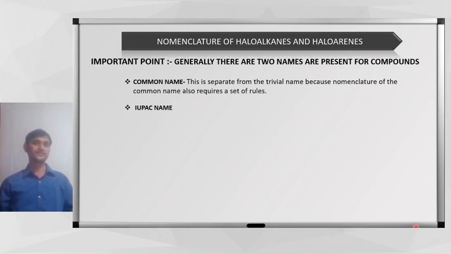The common name is separate from the IUPAC name, because the nomenclature of common names also requires some set of rules. Now see the IUPAC name. The basic rules of IUPAC we already learned in the 11th standard, but this is the first point of organic chemistry in the 12th standard, so we look at some basic rules for revision purposes.